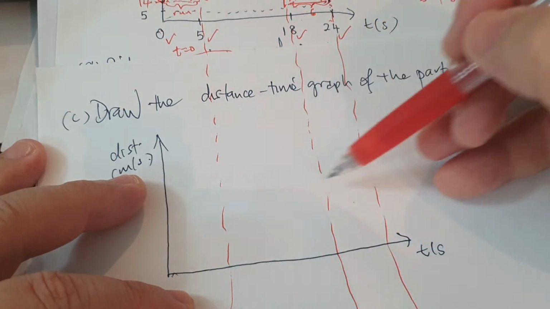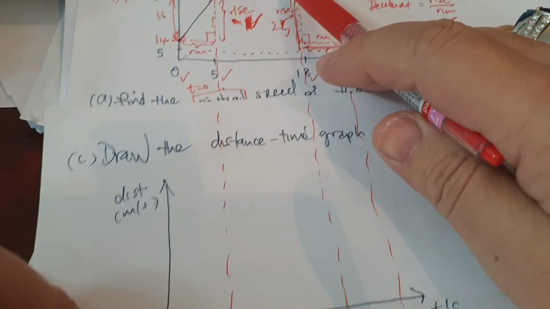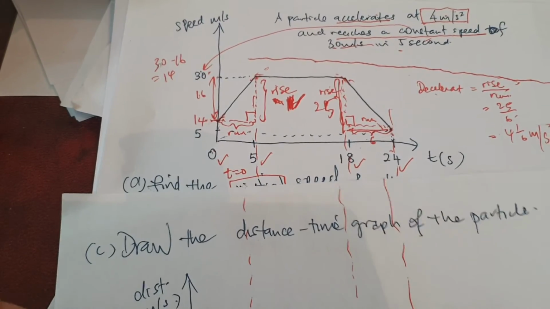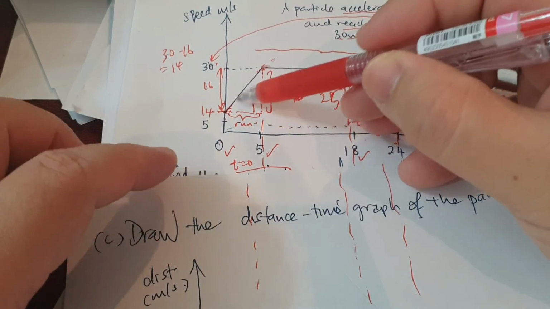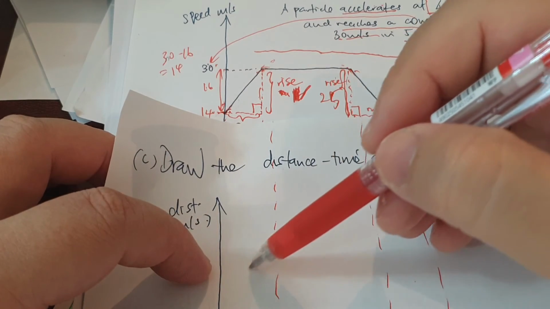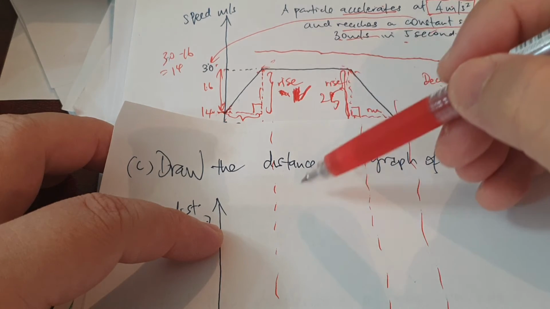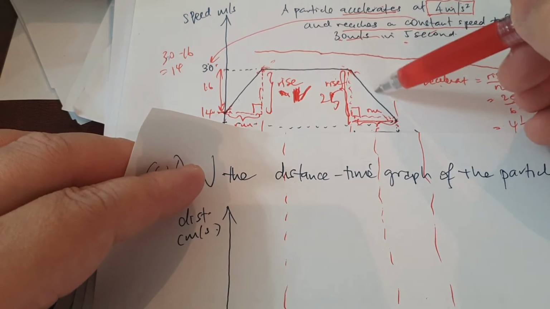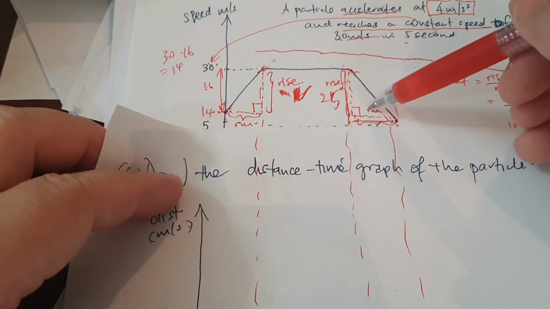Why is it divided like that? Because down here the object or particle is accelerating, so it is moving in a certain way and we will calculate that way. Then later, for constant speed, we will calculate how much distance it traveled. And lastly, when it's decelerating, it's moving in a certain fixed way, and we will calculate that.